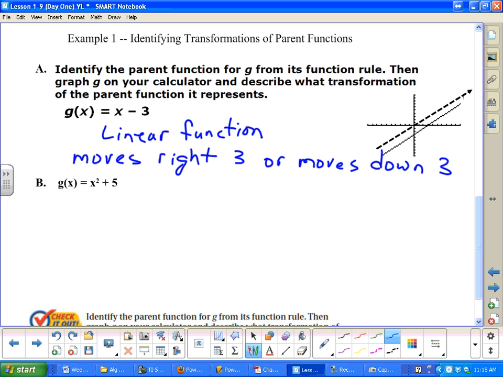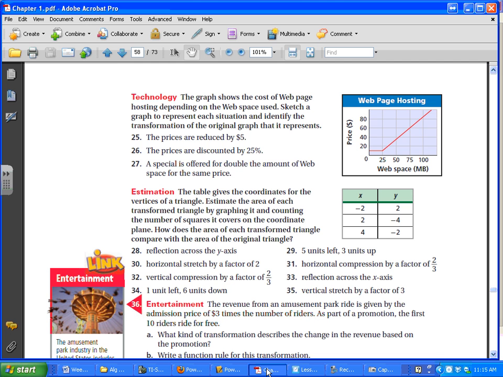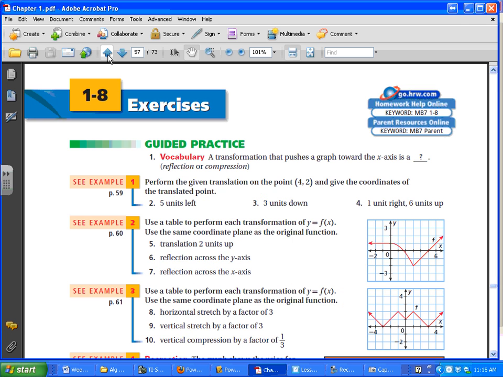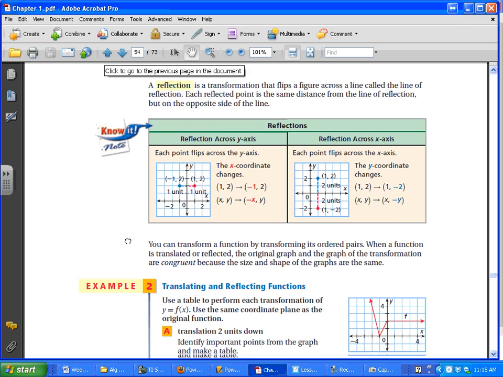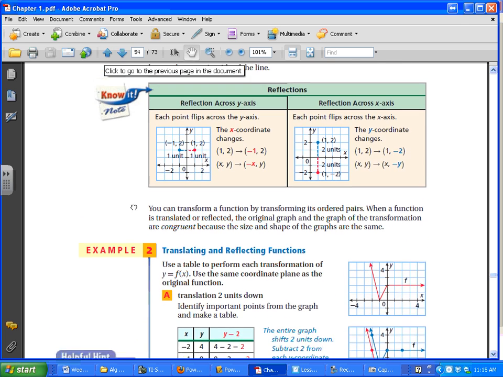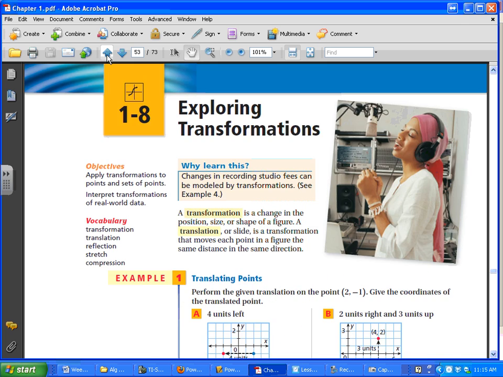If we go back and look at what we did yesterday, when we have shifts that happen, oops, that's reflection.